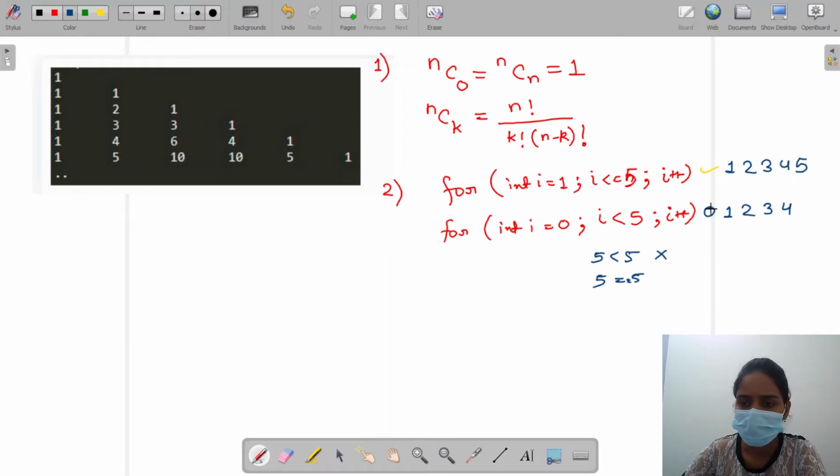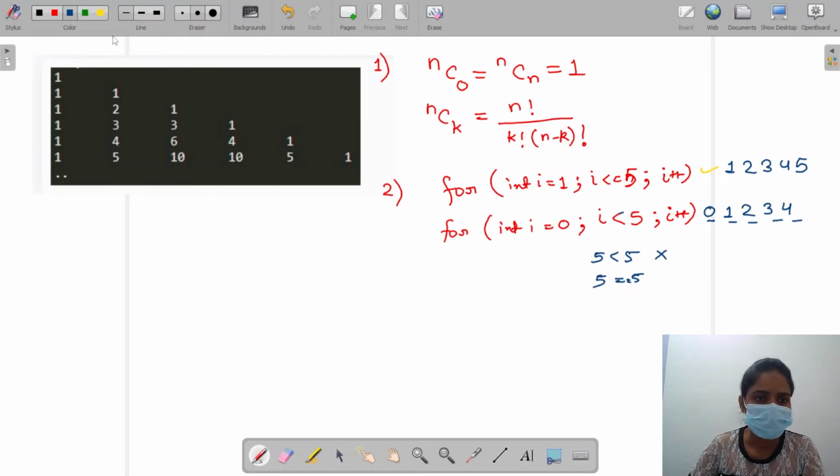Is it clear now? Count the number of cycles: 1, 2, 3, 4 and 5. It means both these loops run 5 times. Why I'm telling this, I'll tell you after a while. So if I start my loop from 1, I have to take it less than equals to 5. When I start my loop from 0, I have to take it less than 5. Both will run 5 times. Is it clear? Okay.